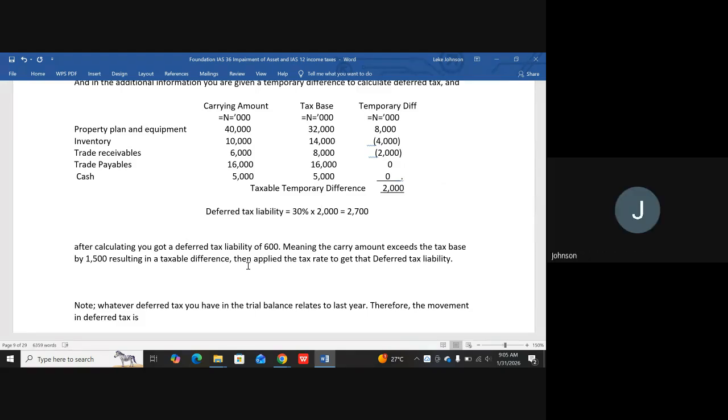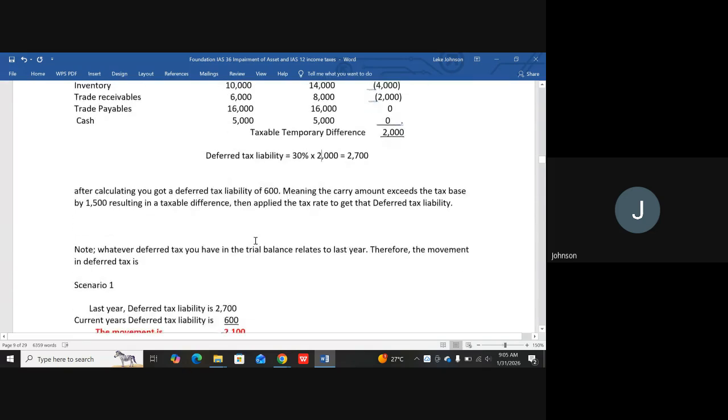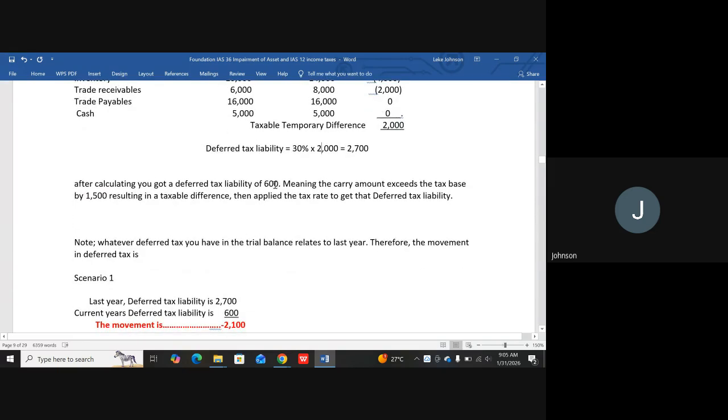Yeah, so that is how they got the 600 that is here. So meaning the carrying amount exceeds the tax base by 2,000. So not 1,500, sorry, by 2,000. Oh, what am I doing?